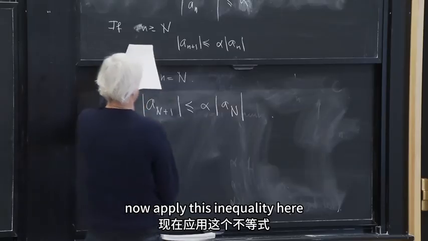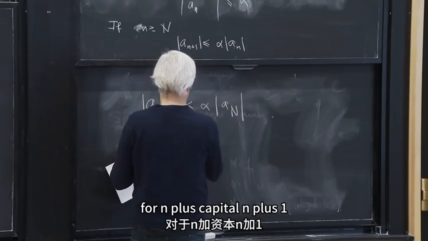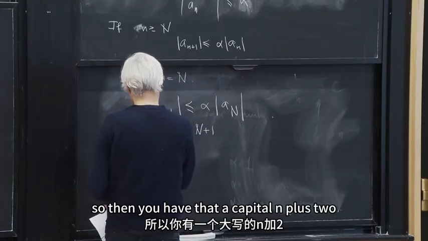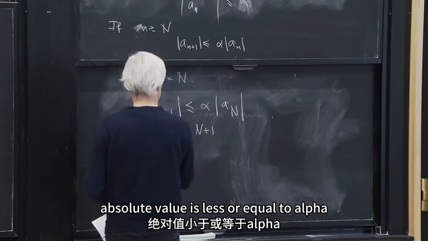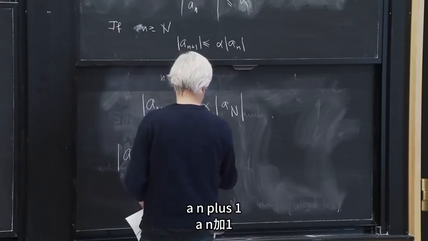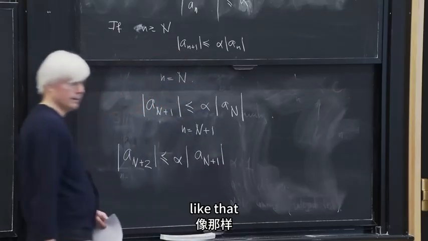Now apply this inequality for n equal to capital N plus 1. Then you have that the absolute value of a_{N+2} is less or equal to alpha times a_{N+1}.